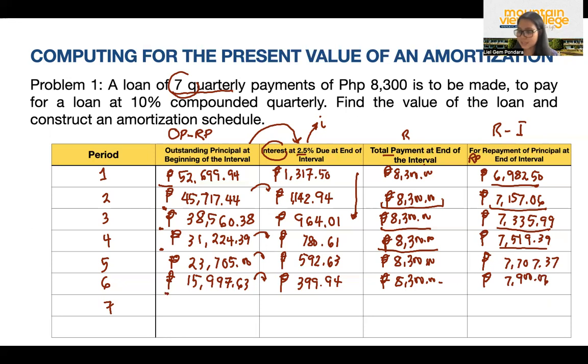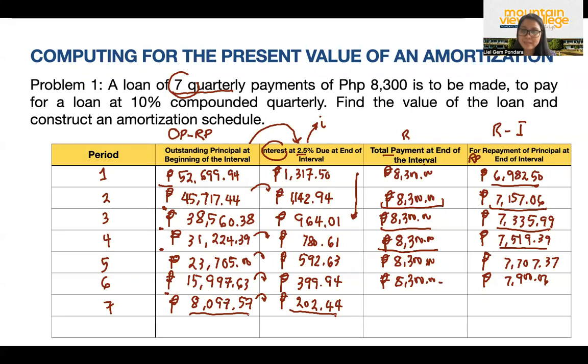You subtract it from your outstanding principal, 8,097.57. You multiply it by the 2.5% interest rate. That's 202.44. Here, at the end, this is already your outstanding balance, and this will be the interest to be paid.